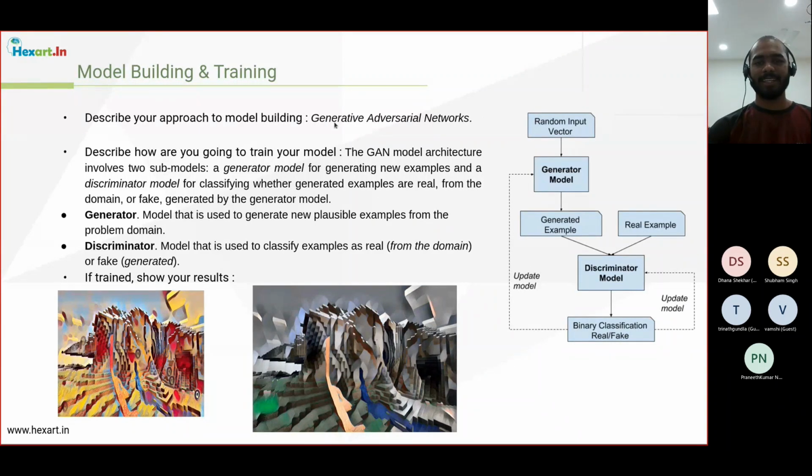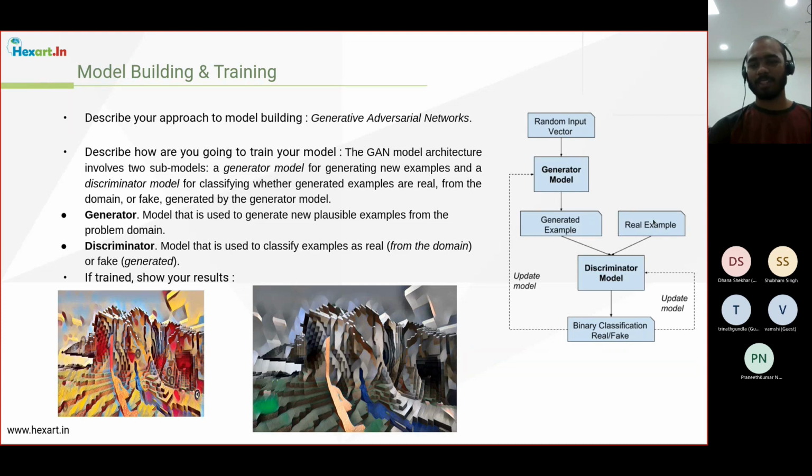I have used a GAN, a Generative Adversarial Network. In a GAN, there are two submodels, a generator model and a discriminator model. In the generator model, when we give an input, new examples are generated, and in the discriminator it is checked whether it is real or fake. Here, when we have given input, we have generated some examples.